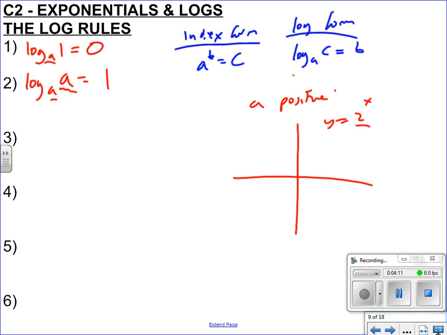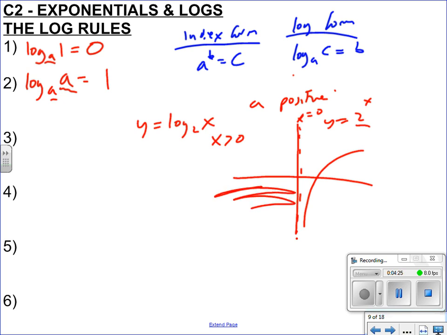Likewise, this element here, so what if you had log base 2 of x, x must always be greater than 0, mustn't it? Why? Because you know the graph has an asymptote at x equals 0. You know x can't be negative. Okay? So there are important properties here.